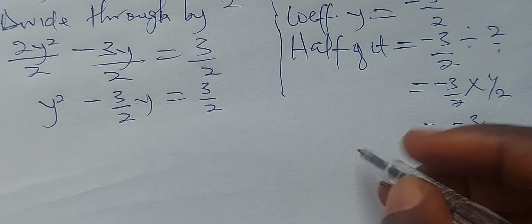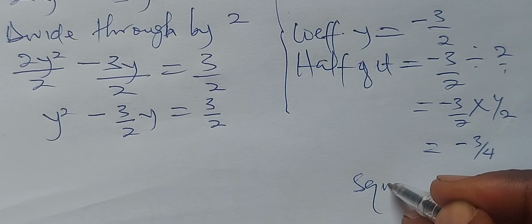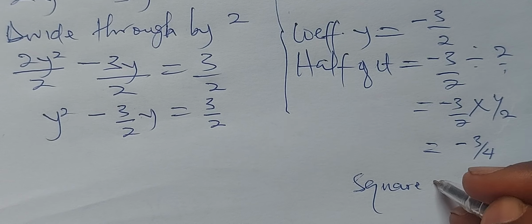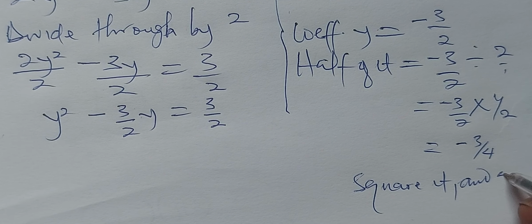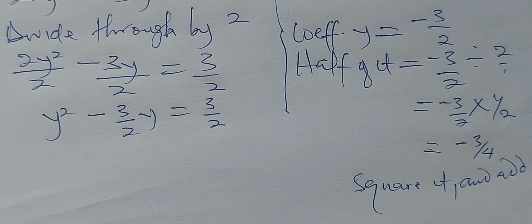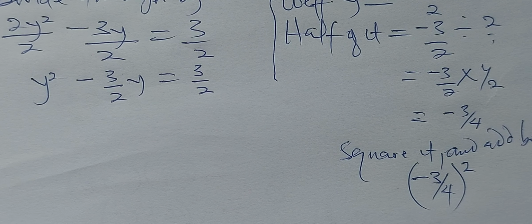Okay? Then square it. You have to square this. Square it and add it to both sides. The square of it will be minus 3 over 4, squared like this, okay? So this is what we mean.